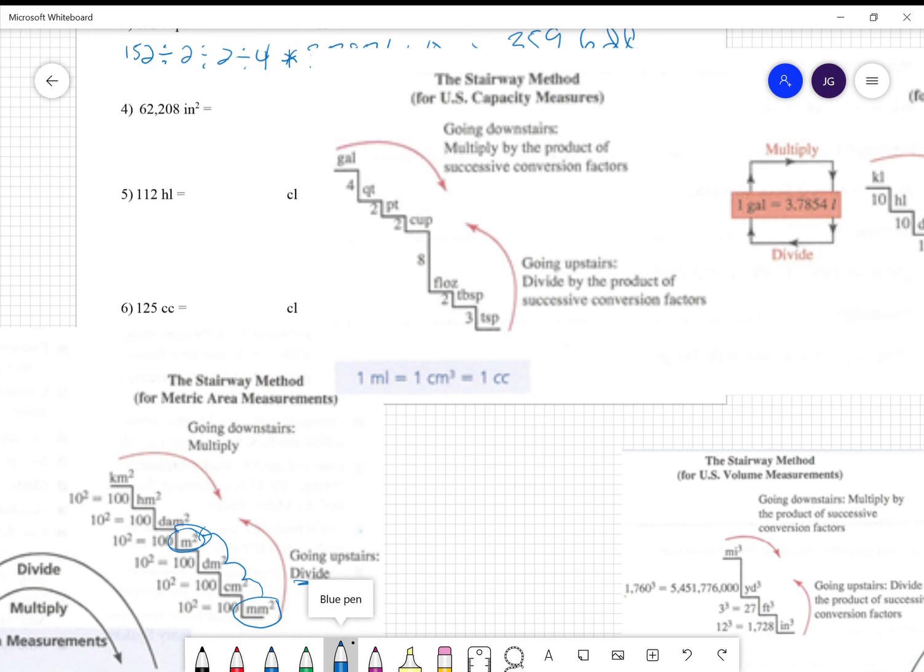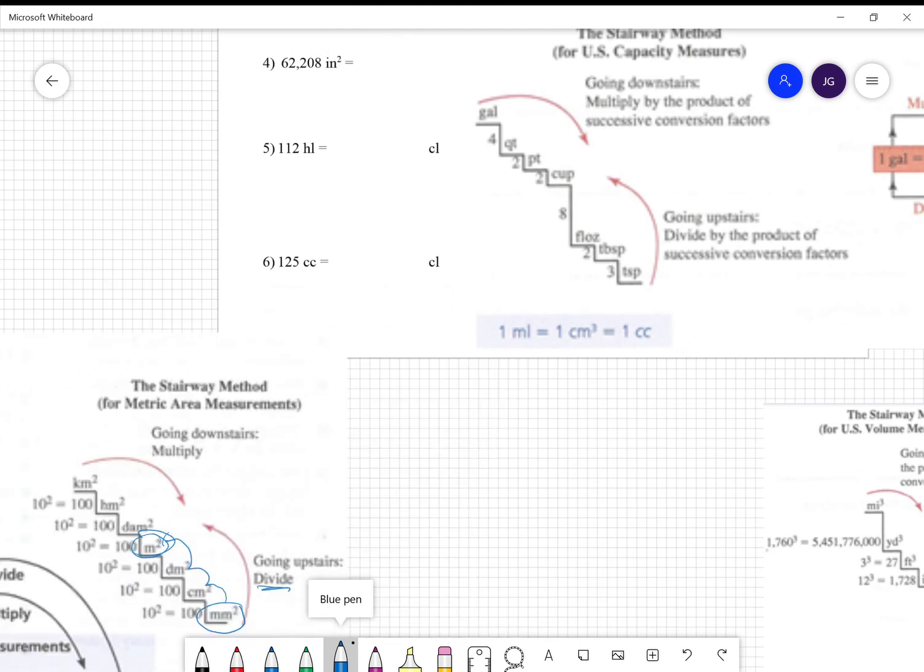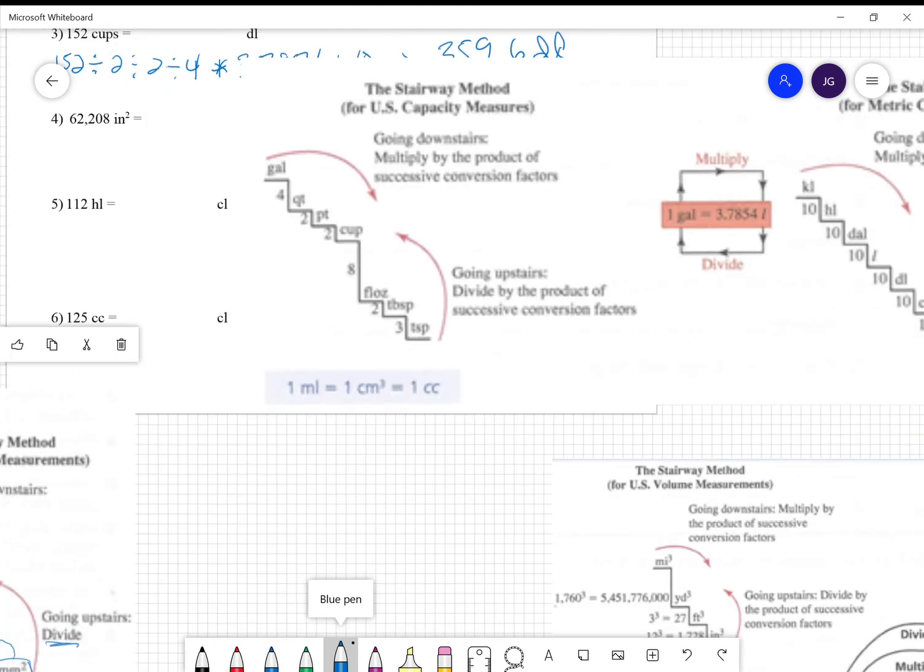112 hectoliter to centiliter. So I'm going to start with 112. Hectoliter on my chart is here. I want to go to centiliter.